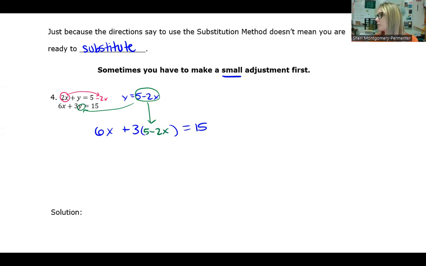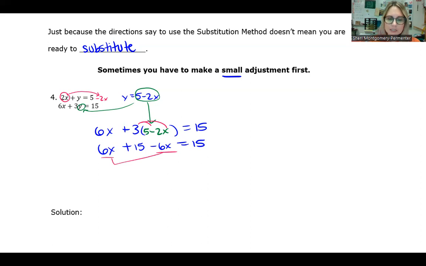What's my first step now? And it's really our first step for every problem we've done. We did substitute, yes. And now once we're solving, what do we have to do? Distribute. I didn't do anything with this 6X. So 3 times 5 is 15. 3 times negative 2, negative 6, and there's an X. I see two X's and I need to put them together.